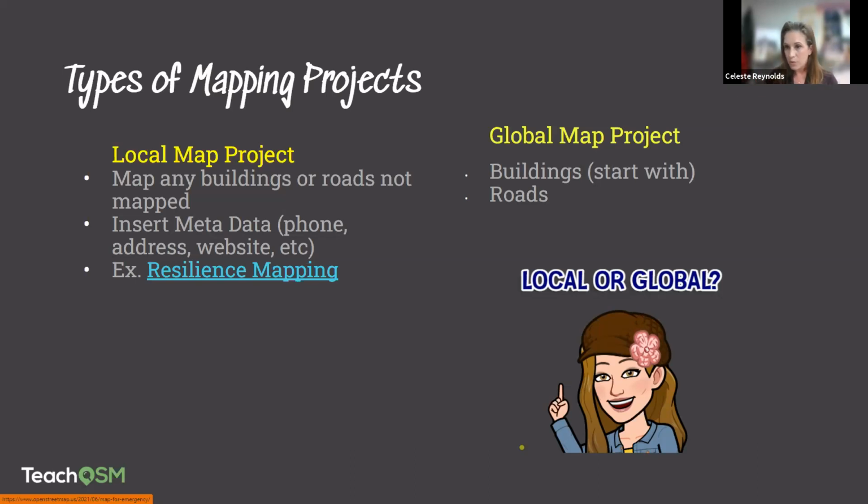Are there medical facilities? All these different things when you're talking about is a community ready for a natural disaster? And it's really kind of neat to think about that. And you can do this in OpenStreetMap and have your students do it.